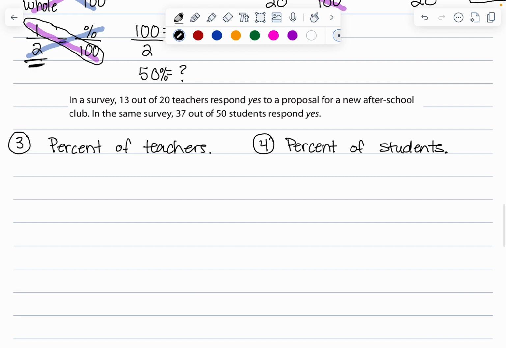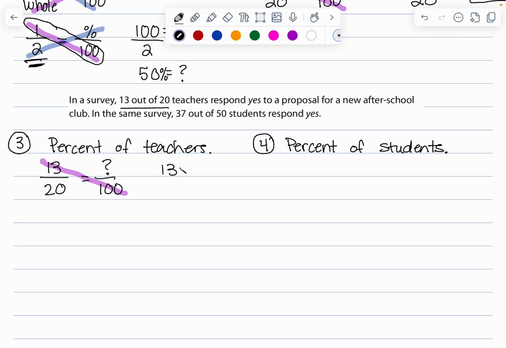Okay, so for problem 3, percent of teachers. Oh, and you do not have to write down that little word text of the survey, okay? You can just use the numbers in your problem. So percent of teachers, it says 13 out of 20 teachers, so my part is 13. My whole is 20, percent is my unknown, and it always goes over 100. So the 2 numbers that are diagonal from each other, we multiply.